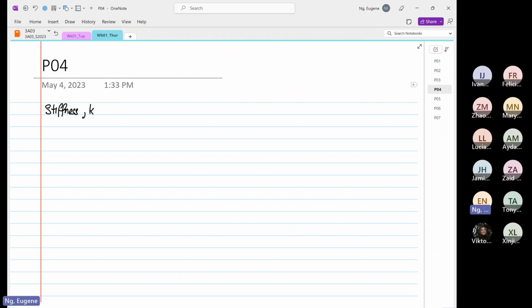Yeah, we usually call it a small k, and the unit is Newton per meter.